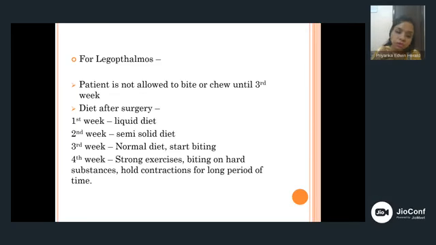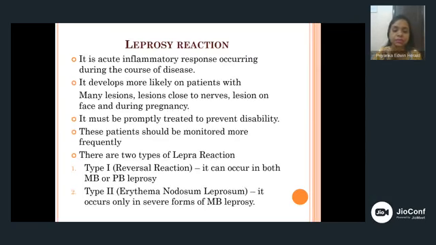In the fourth week, strong exercises and biting on hard substances, and holding the contraction for biting for a longer period of time, are given. So this is how we give post-op physiotherapy for reconstructive surgery for lagophthalmos.